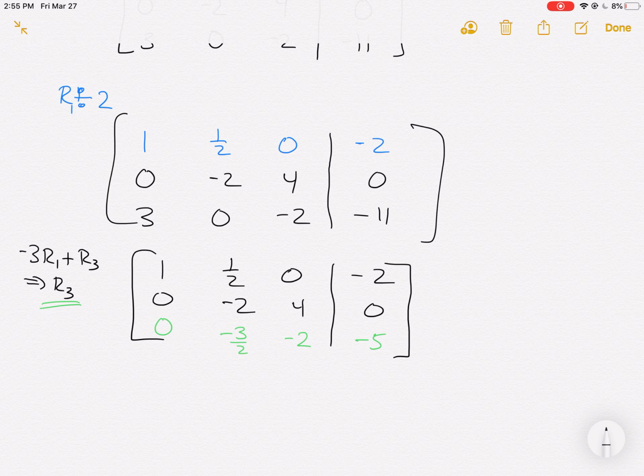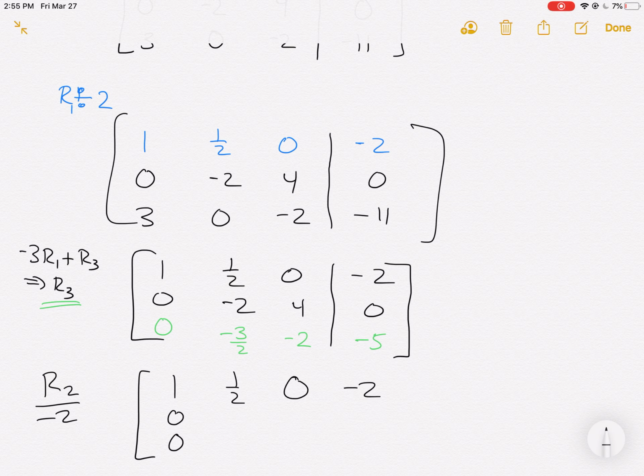We're doing pretty good, except we don't have a 1 in the middle area. So we're going to quickly take row 2 and divide it by negative 2 so we get that desired 1. I'll go across the top: 1, 1/2, 0, negative 2.